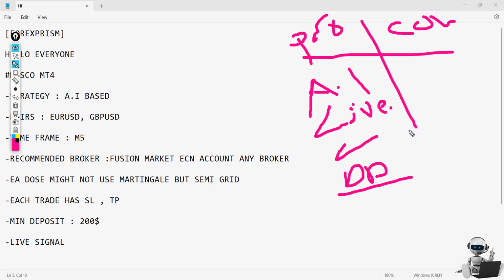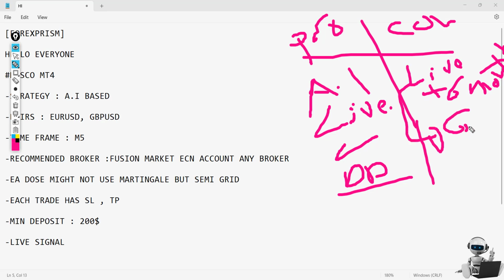We can call it also an advantage. On the other side, we need live data for 5 plus months using normal mode, so that's going to be one of the challenges. And also the grid usage, sometimes the grid could be a bit dangerous, although to be fair, he is using semi-grid, not full grid.